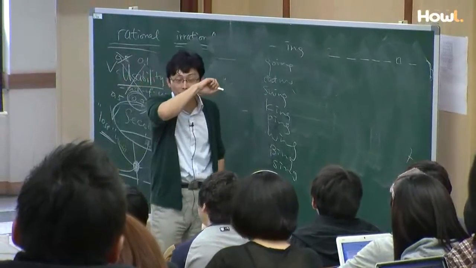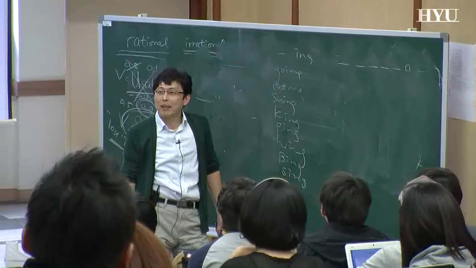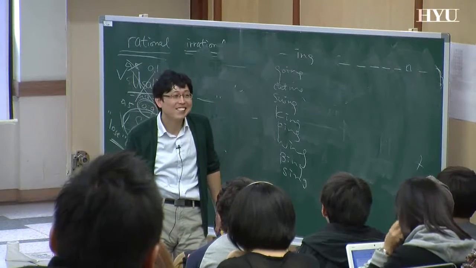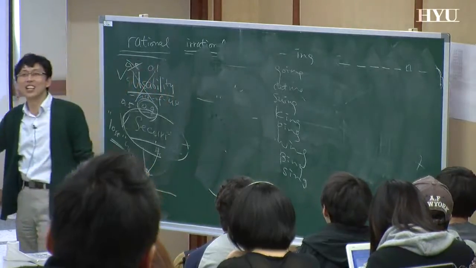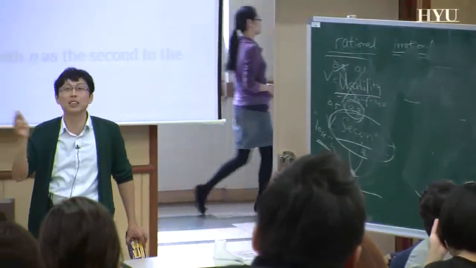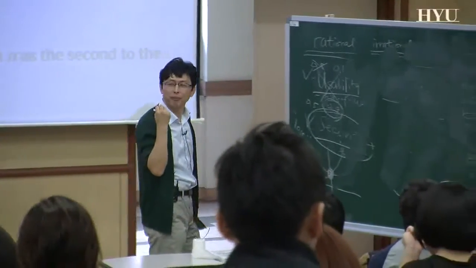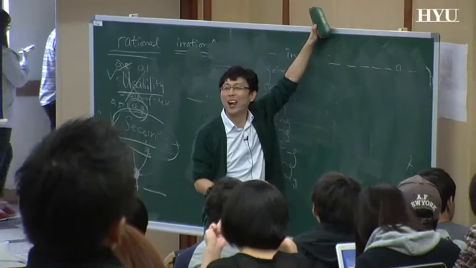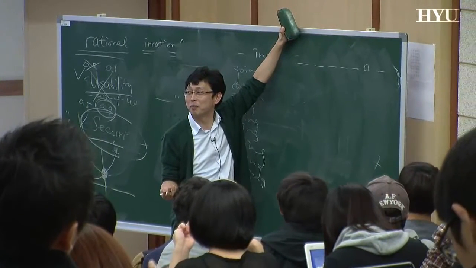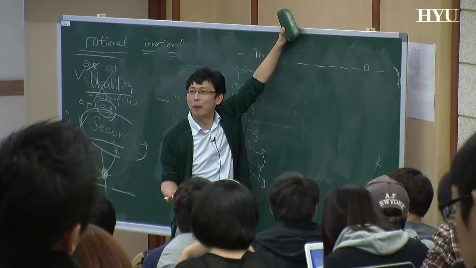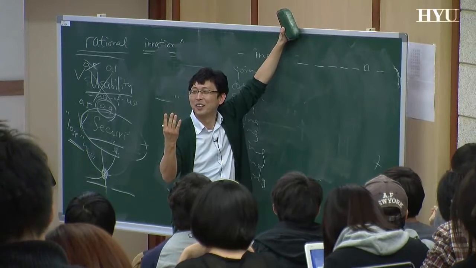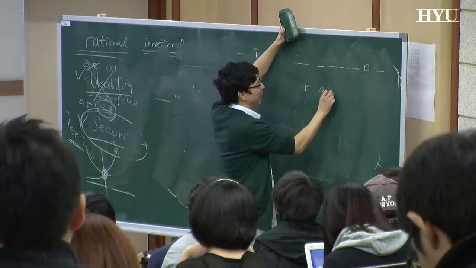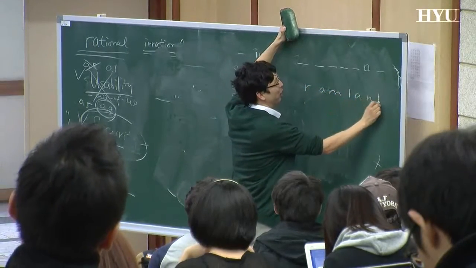Seven letters, the second to the last is N. Why does it take so much time? Bank is four letters. Remnant. Okay.